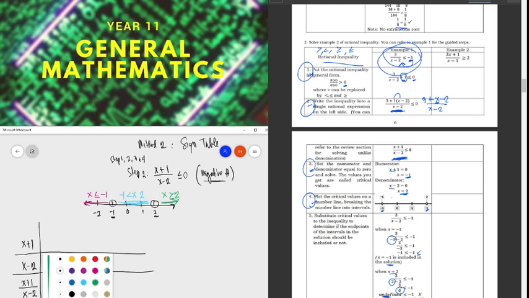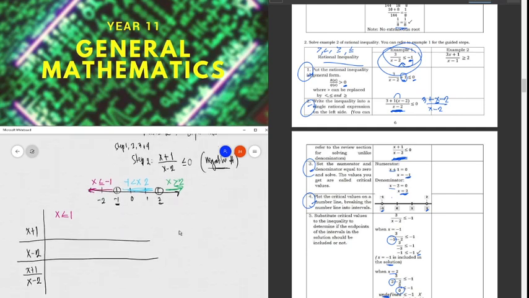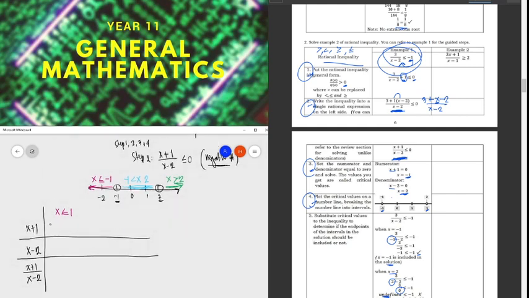Okay, so those are the things that we're going to consider. Let's start with this one. x is less than or equal to negative 1. So we can have x equals, what are the numbers less than negative 1? Since it is equal, we can use negative 1, and give me another number.